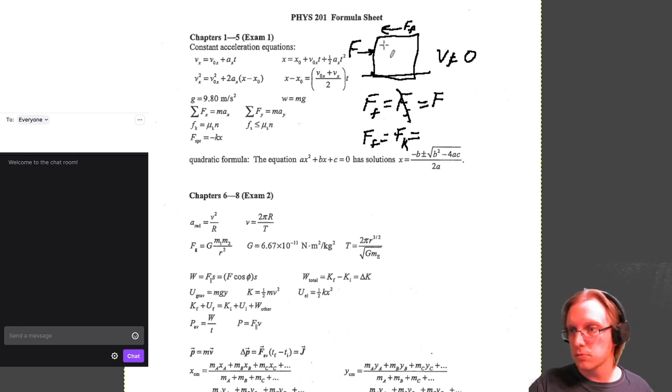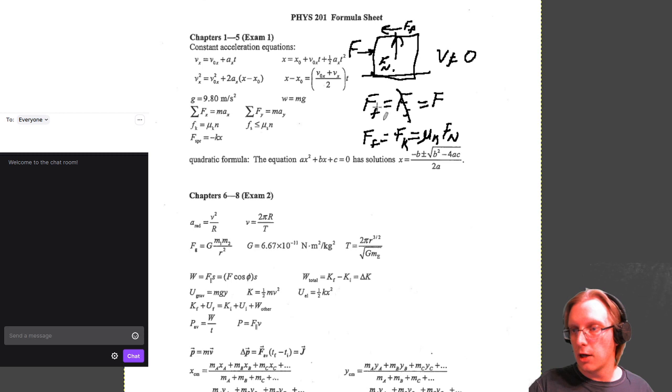Friction. So if it's moving, then we have kinetic friction that is equal to mu k times the force that is normal to the surface. Since we're sitting on a surface, there must be a force normal to that surface.